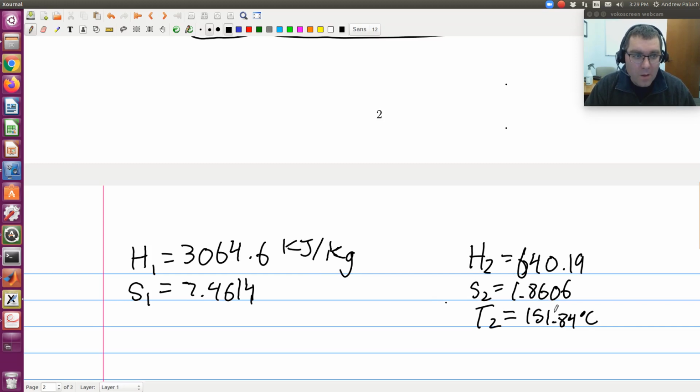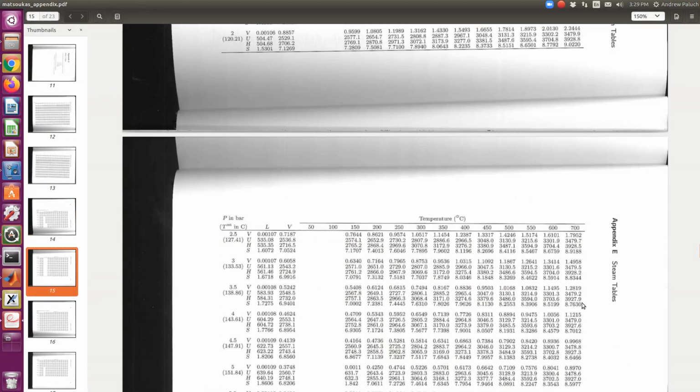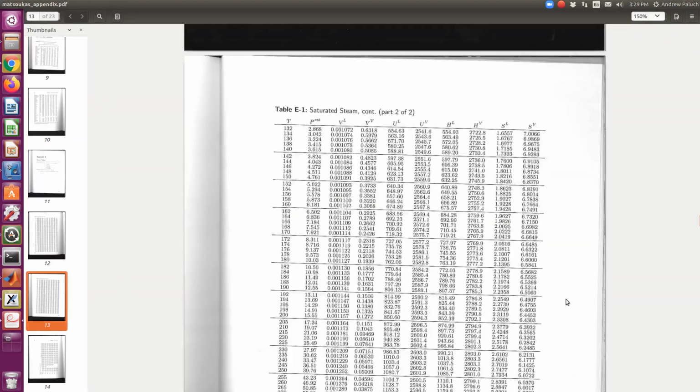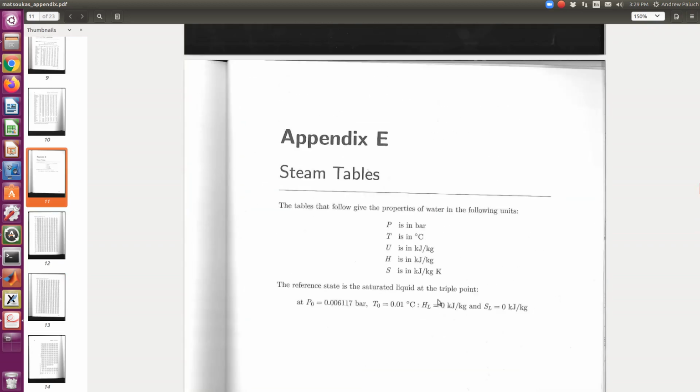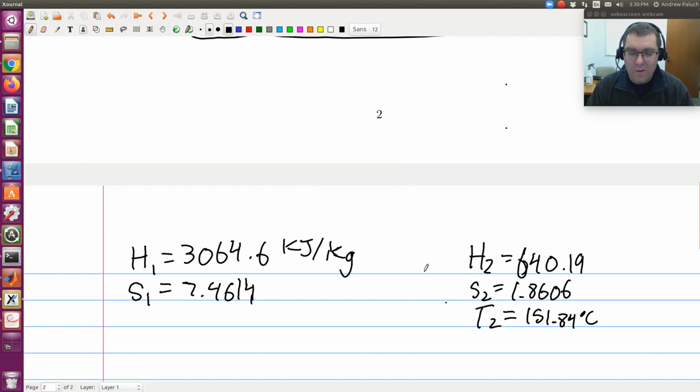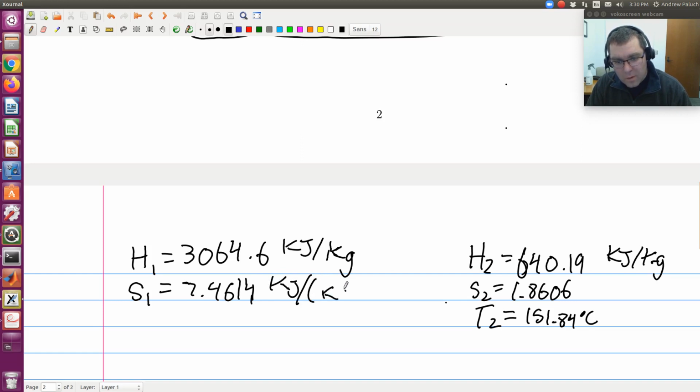All right, I just want to confirm my units before we move on to the next part. S is kilojoules per kilogram Kelvin, H is kilojoules per kilogram. So H we got right, kilojoules per kilogram, and then S is going to be kilojoules per kilogram Kelvin.